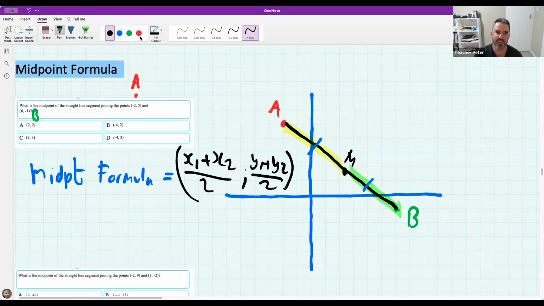So if we think about what the points are, this is the point minus 2, 5. This is the point 6, minus 1.